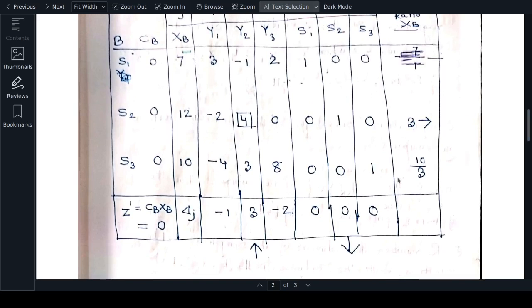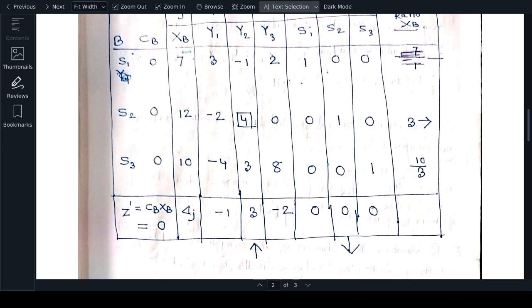Sir, in the first table there is a 10 value; how to replace it in the second table? 10 minus 3 multiplied by 12 divided by 4.